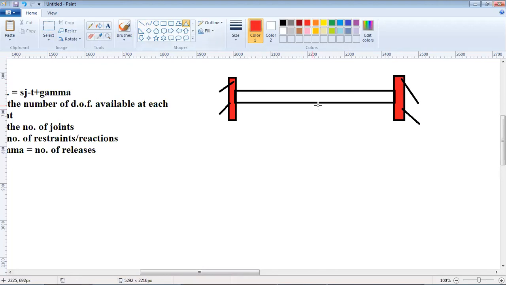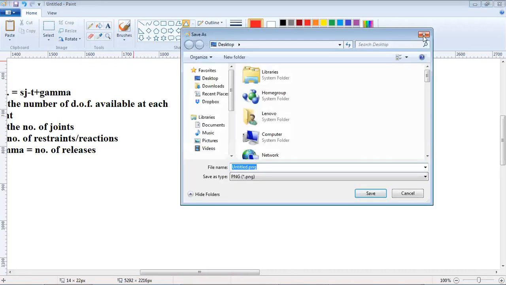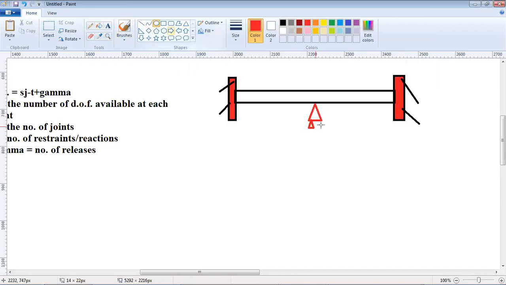Let there be a hinge here or a roller here. You have a roller here. So now, what is the kinematic indeterminacy of this beam?